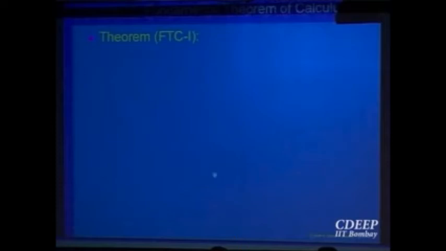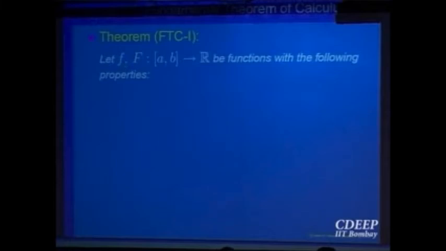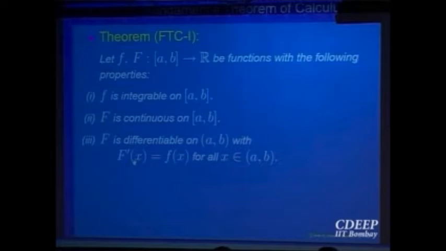And the theorem is as follows. Suppose you have two functions, small f and capital F, defined on the same closed and bounded interval [a, b], with the property that f is integrable. I want to compute the integral of small f, but I am given that capital F is continuous on the interval [a, b], and the derivative of capital F on the open interval (a, b) is the same as the function small f.